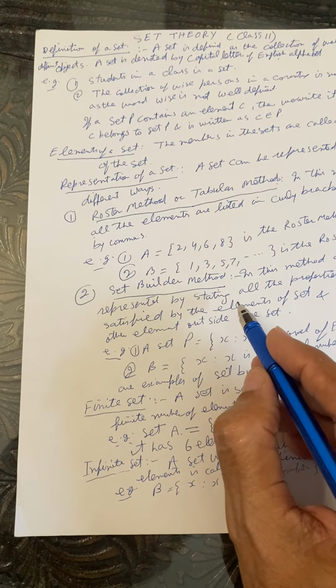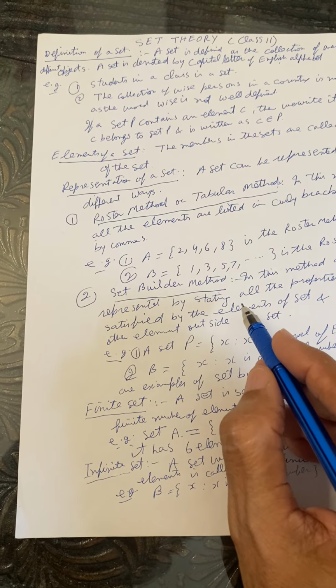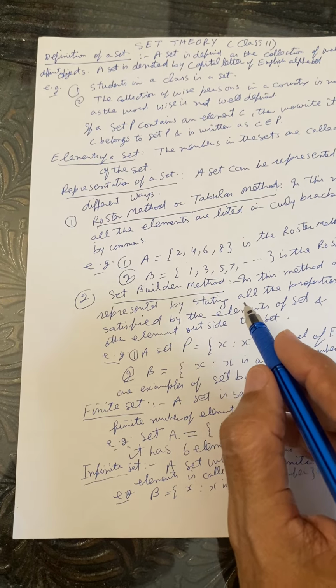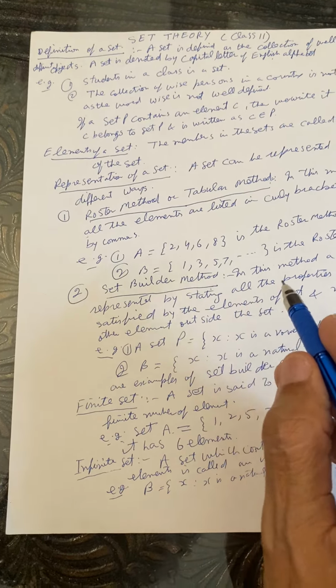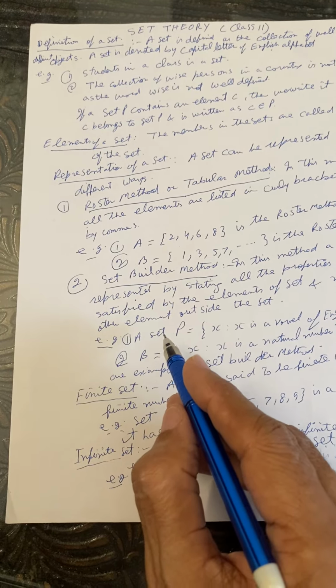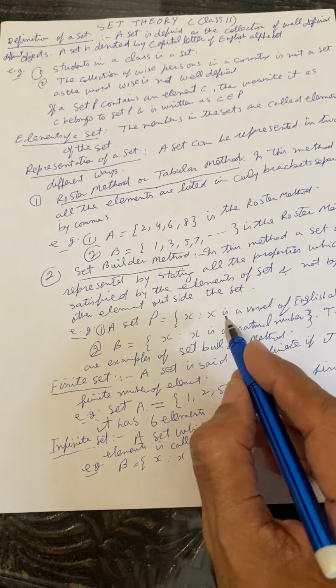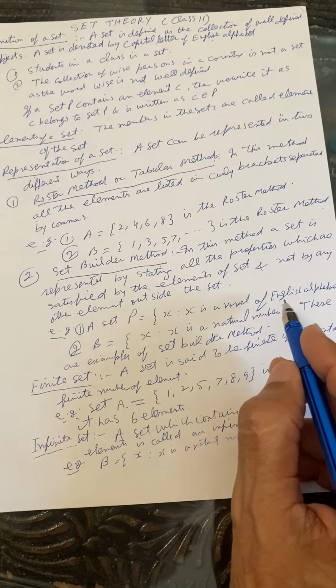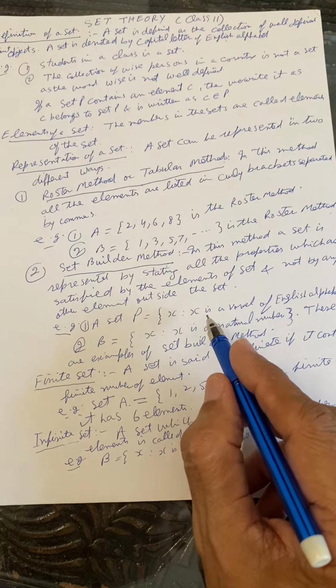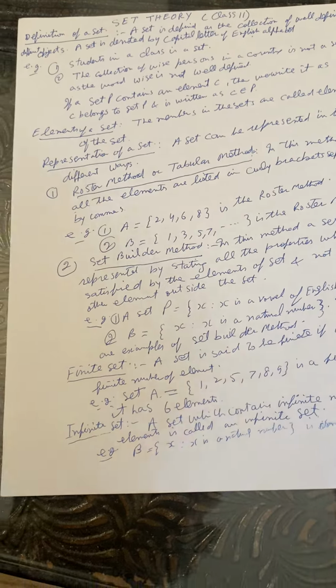So in this case, the elements of a set are written with the help of a common property of those elements. For example, first is set P = {x such that x is a vowel of the English alphabet}. It is very clear that x is a vowel.